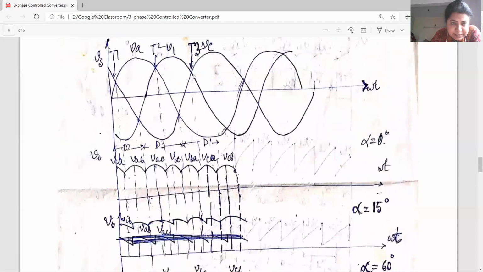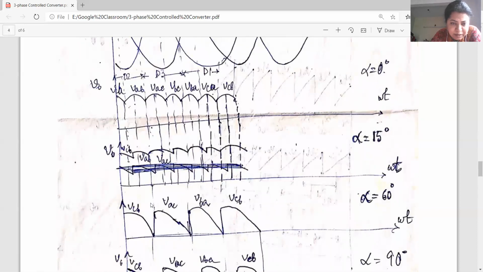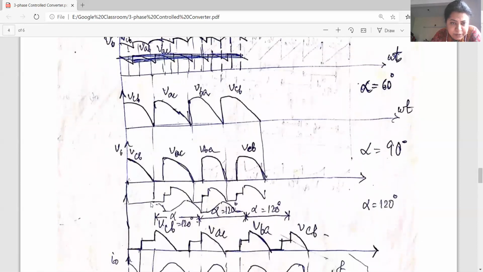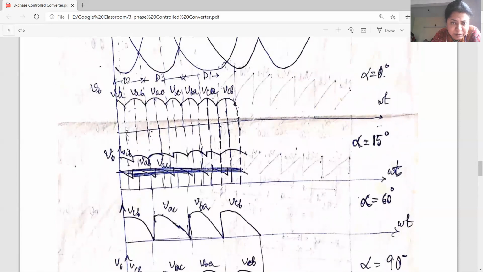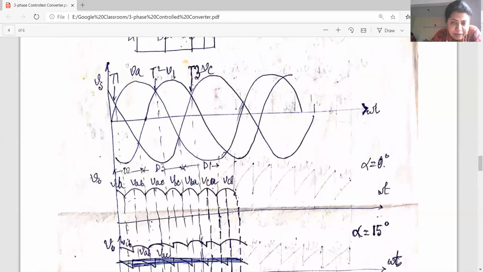From the waveform itself, we can study how VAB is missing. We can understand from the circuit diagram, and by studying this waveform, similarly you draw the half cycles for these waveforms, and in the similar manner we have understood the 3-phase full control converter.